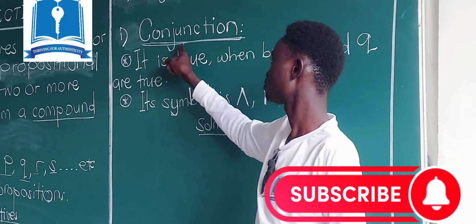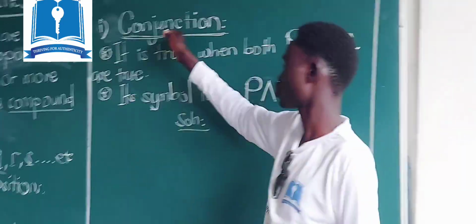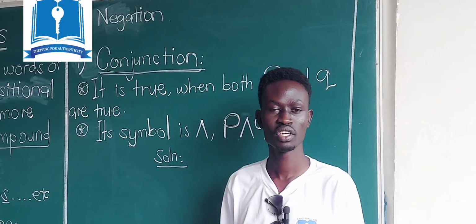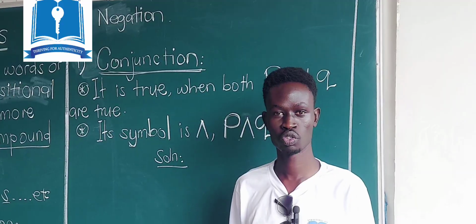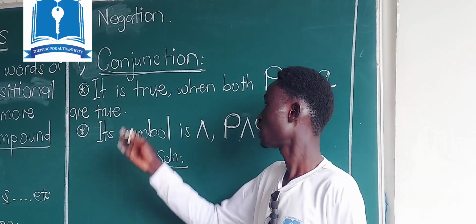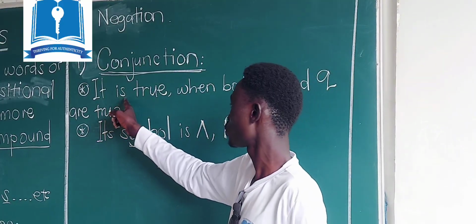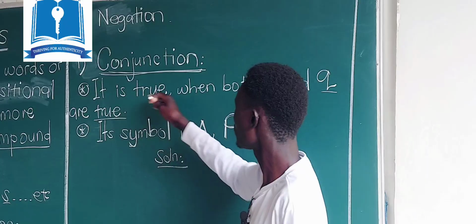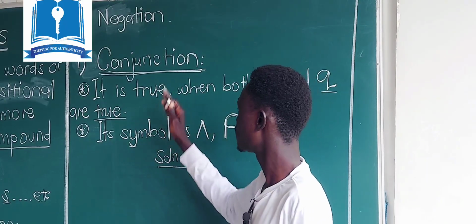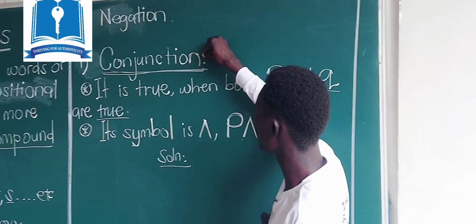It is true when both P and Q are true. When they give you a singular connective like conjunction and tell you to solve it, for the statement to be a conjunction, both P and Q must be true. So when these two are true in the statement, you are getting what we call conjunction.